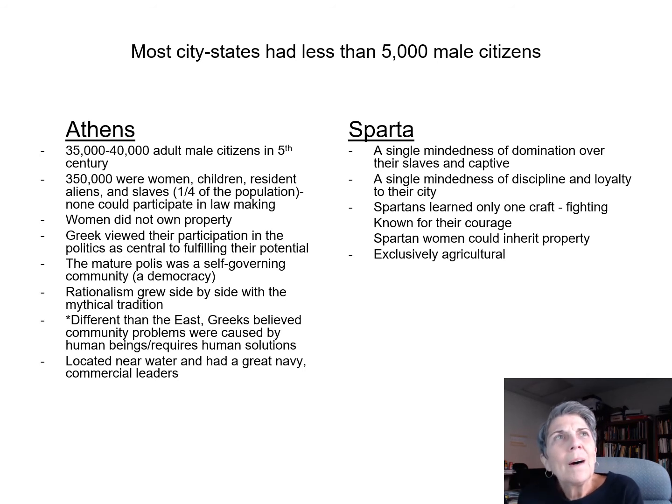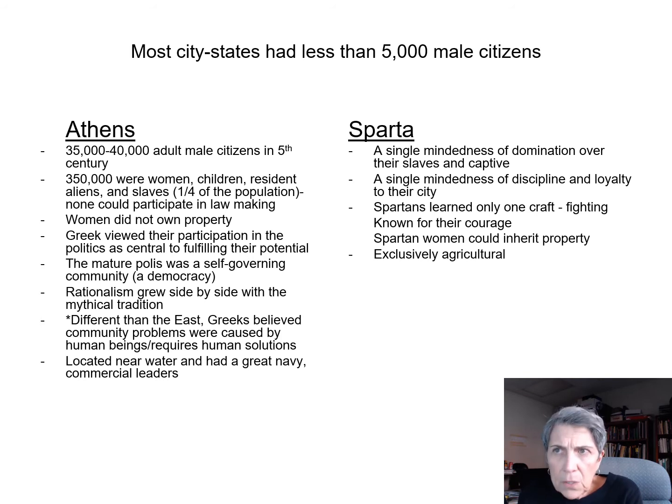So when I think of Athens, well, what is it? You need to be a citizen. This idea of citizenship became very important. And the philosophy of community service is going to become important. And to fulfill your potential, of course, you need to be a free male, not a woman or a slave. You needed to participate in politics.